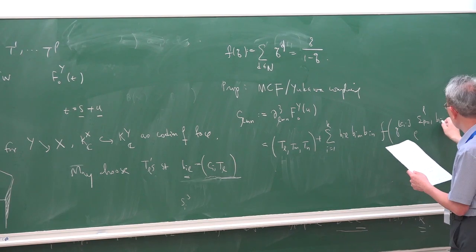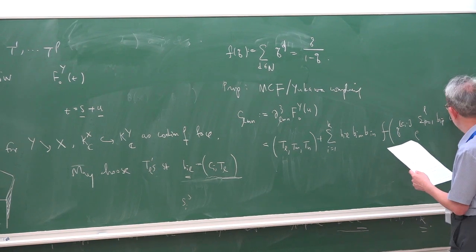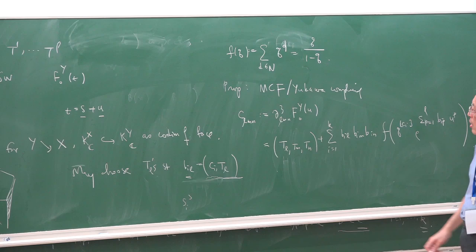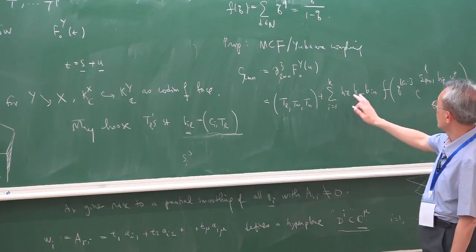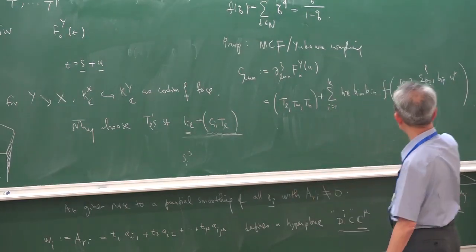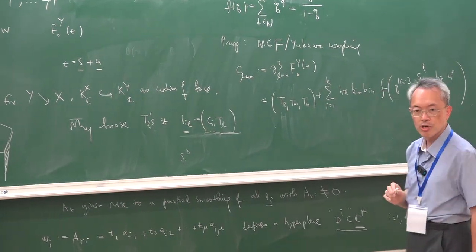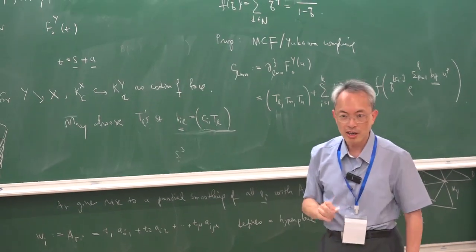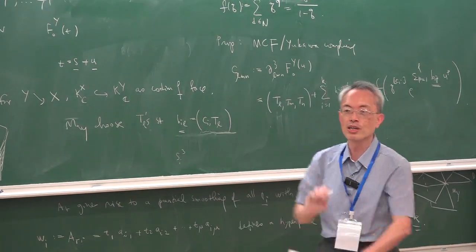Okay, so this just corresponds to, you can determine the asymptotic part by the relation matrix of your B model. So just similar to what I said before.